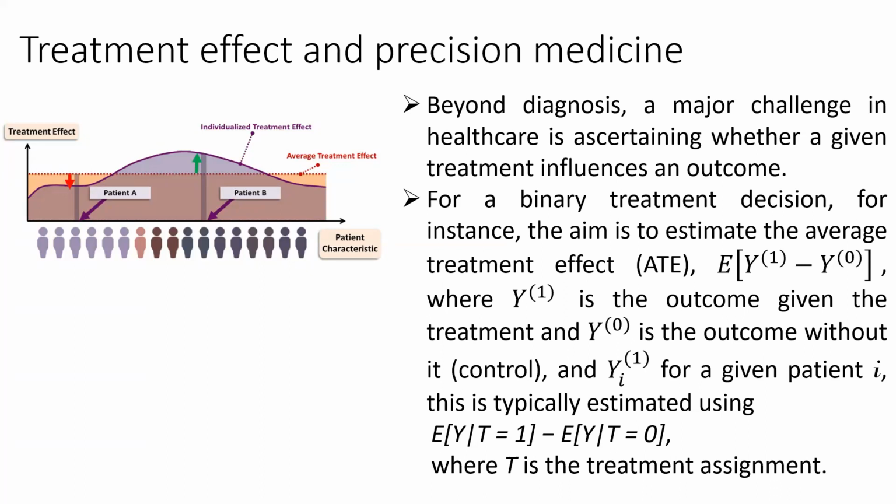So the estimation of treatment effect using observational data is subject to confounding, as patient characteristics affect both the selection of treatment and outcomes. And here the causal inference method needs to mitigate this.